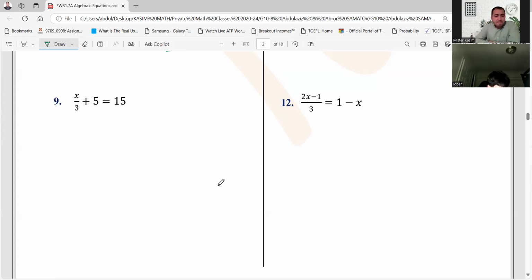What did you get? 30. Very good. So first we move 5 to the right-hand side. X over 3 is equal to 15 minus 5.